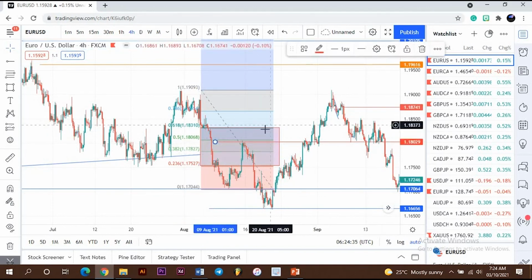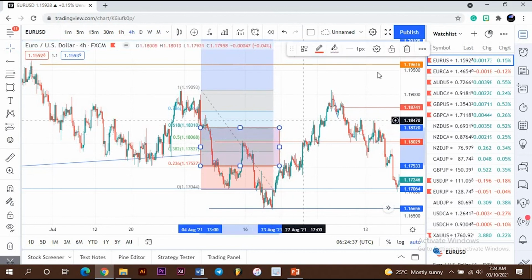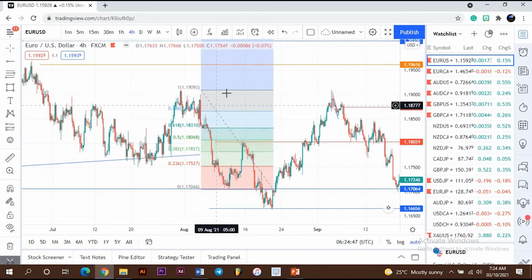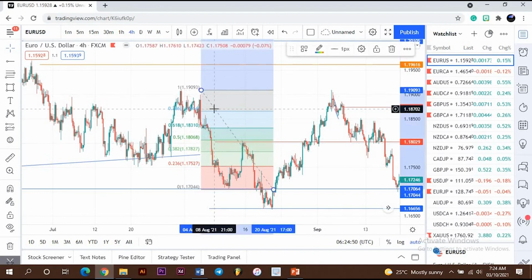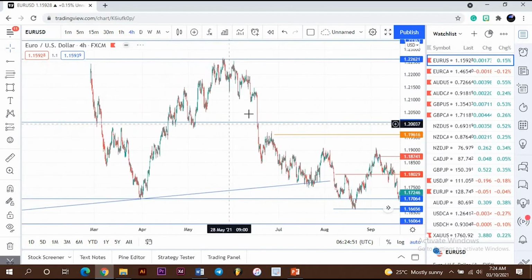So if you are looking forward to trade your retracement, let's say the trend has already started moving down and you want to catch a movement, you can just place your trade around this zone right here. So Fibonacci retracements always occur at sharp movements.